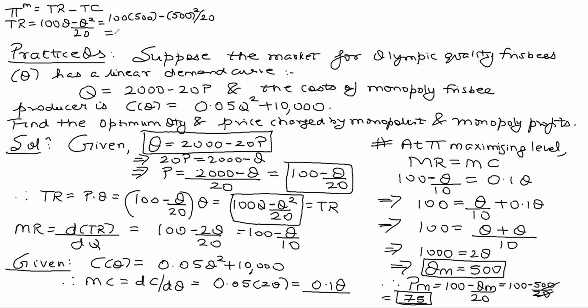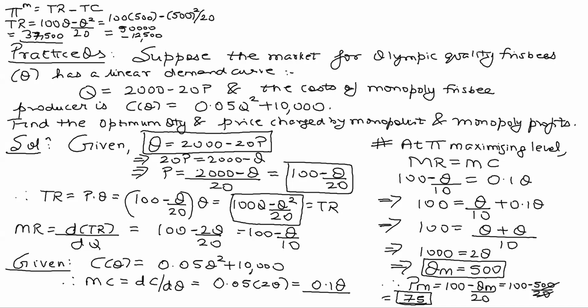This will be 50,000 minus 12,500. So the total revenue of the monopolist has come out as 37,500.